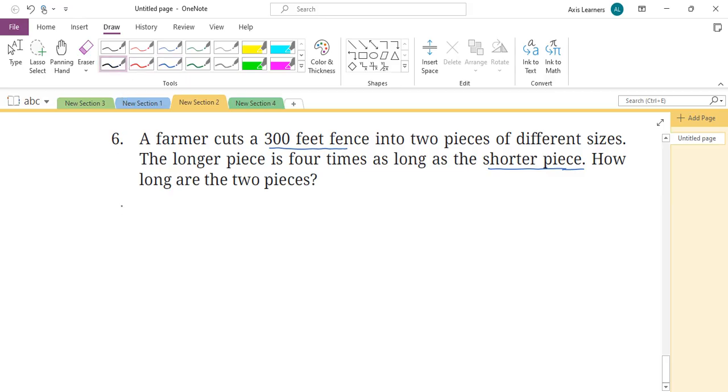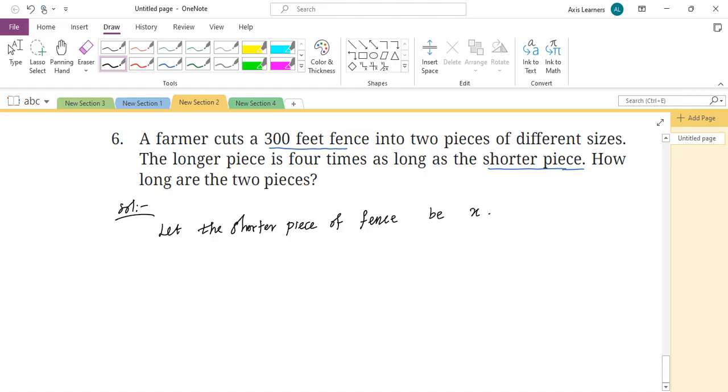Okay, solution. Let the shorter piece of fence be x.